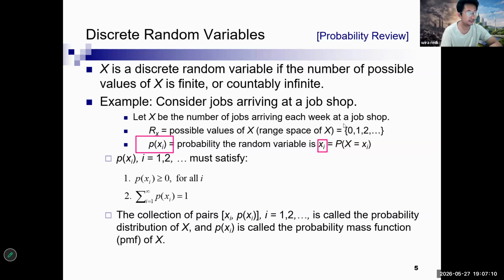So if you have index 0, this one, the appearance of this value equals 0, and the probability is some number. And remember, the sum of this probability is always equal to 1, because if you have a set of possible values, for example, I flip a coin, the chance it is head, assume we have head and tail, the chance of head will be half, right? 0.5 or 50%.